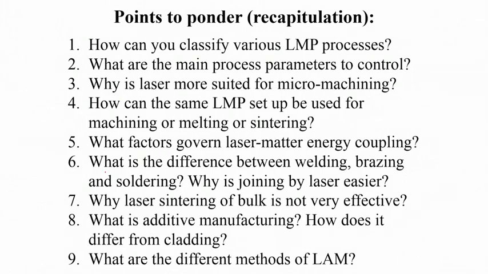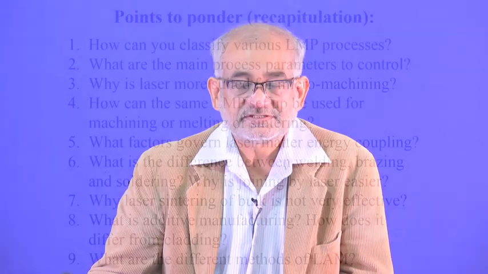So the different laser assisted manufacturing processes all can be treated with the same setup, same machine, and can be used to build up various kinds of manufacturing, can be used to conduct various kinds of manufacturing practices. And laser is certainly one of the most versatile tools for such applications.